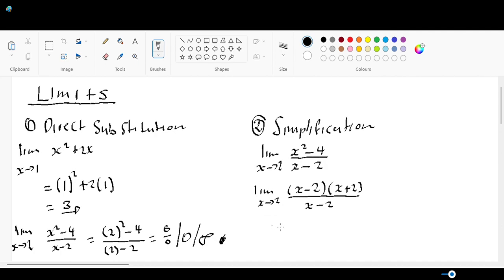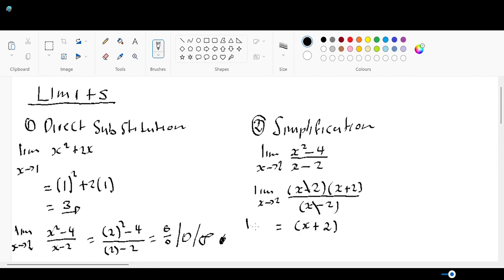So when we continue like that, now we can substitute. Before we substitute though, we have to simplify. You guys see, we know that x minus 2 divided by x minus 2 is gonna give us 1, so we are left with x plus 2.